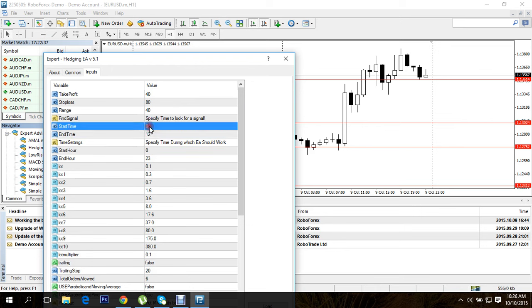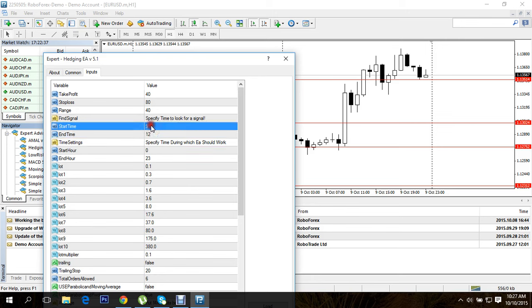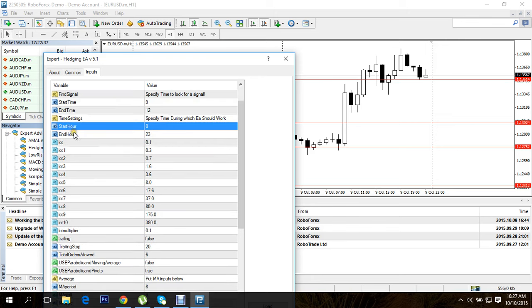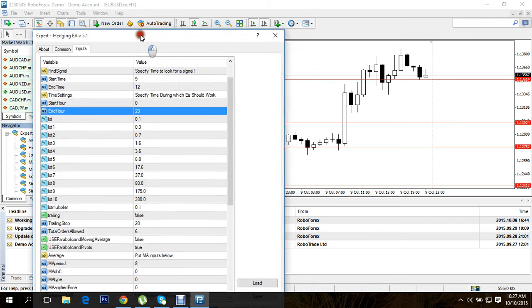You can always set to 0 and 23 if you want this EA to look for a signal all the time, basically. So you have the option. The next two variables, the start R and end R, are there for you to tell this EA when it should work as a whole.